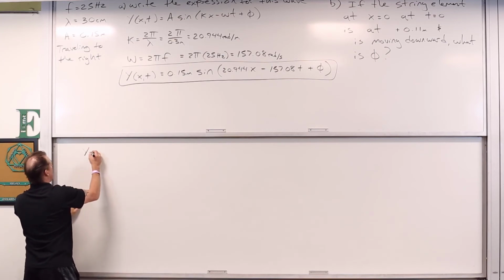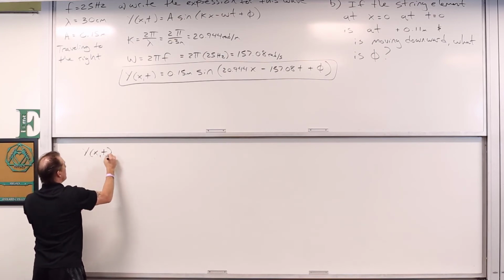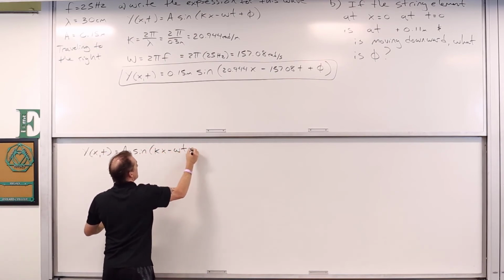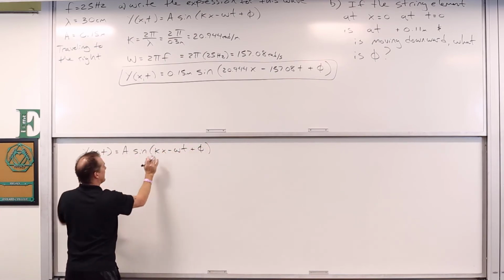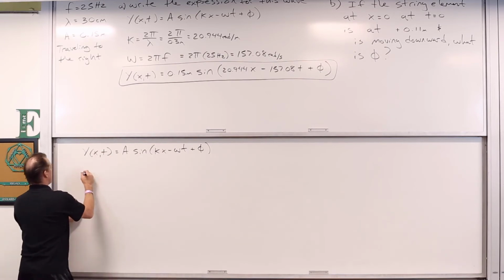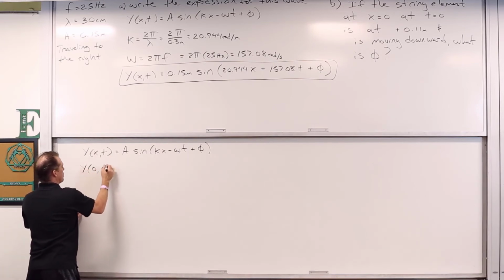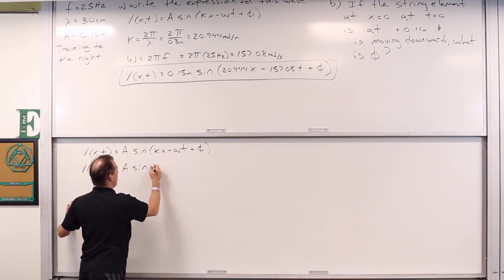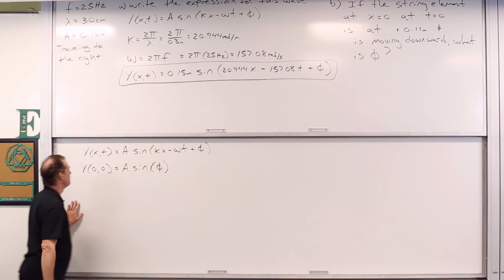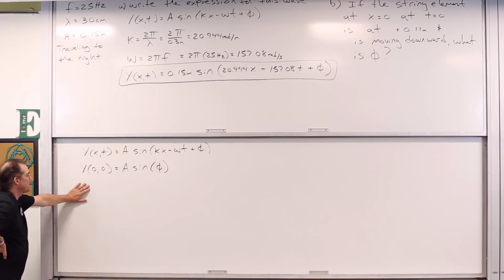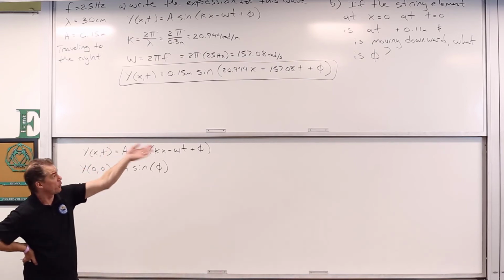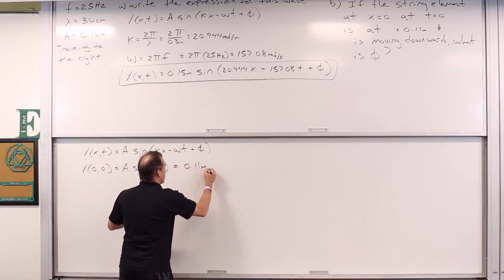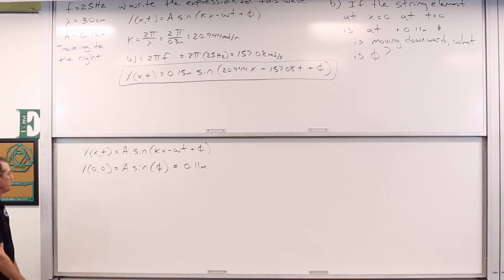We know that y of x and t is equal to A times the sine of kx minus omega t plus phi. Well, we know A, k, and omega, great. And then we can evaluate it at 0. y of 0, 0 is equal to A times the sine of, well, that's 0 and that's 0, which just leaves us with phi. What does this have to be equal to? It has to be equal to positive 0.11 meters. That's what we need.